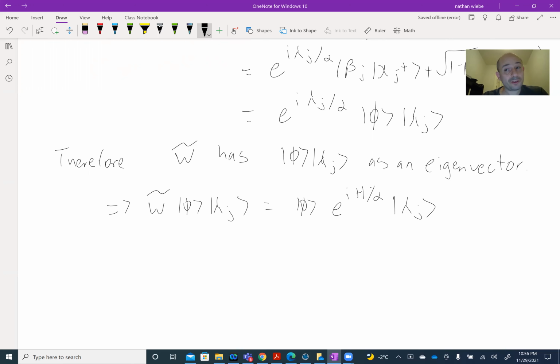So apart from this tensor factor, which is just kicking around for the ride at this point and not doing anything other than allowing us to use this W tilde operation, this is actually the exact same thing as the dynamics for e to the IHT, where t is equal to 1 over alpha.